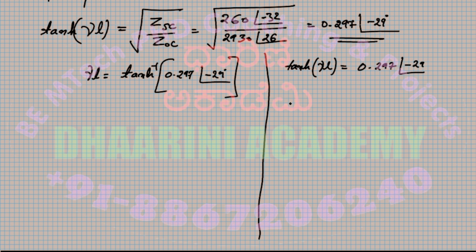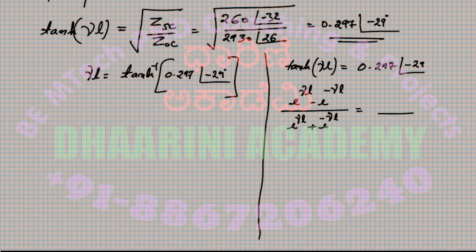So sin h defines e to the power gamma L minus e to the power minus gamma L, divided by e to the power gamma L plus e to the power minus gamma L. This is equal to whatever we have on the right side.